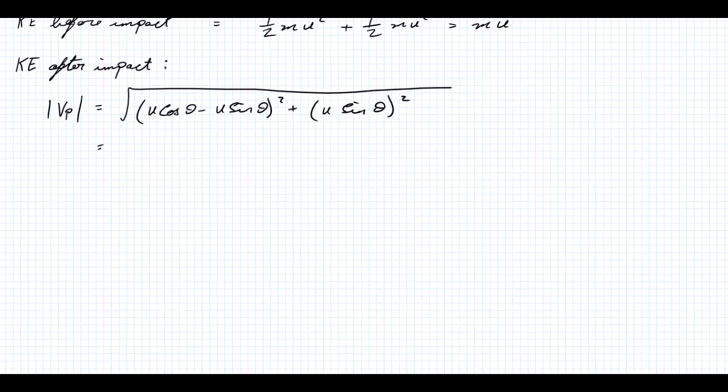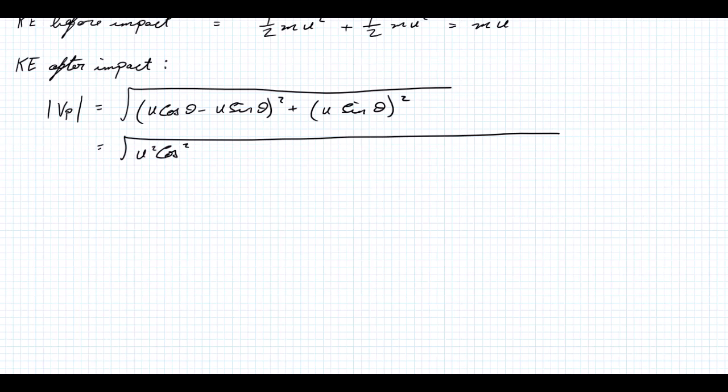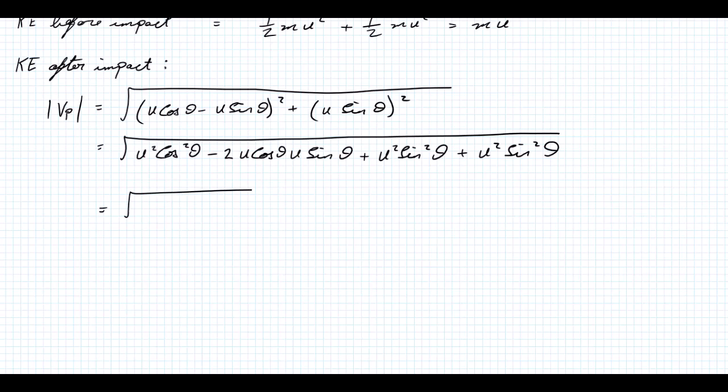We have the square root of u squared cos squared theta minus 2u cos theta u sine theta plus u squared sine squared theta, and then out here we've got plus u squared sine squared theta. So let's just simplify this a little bit.